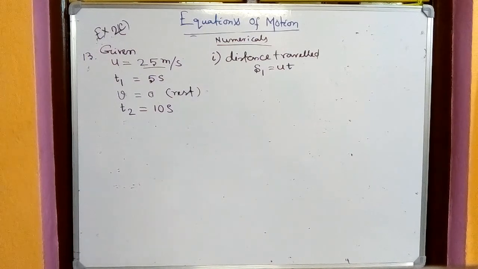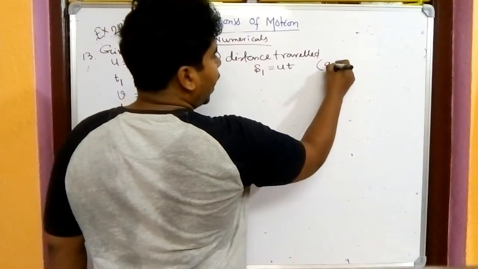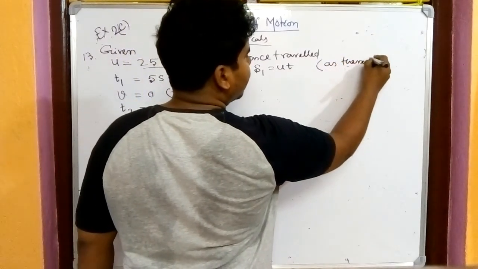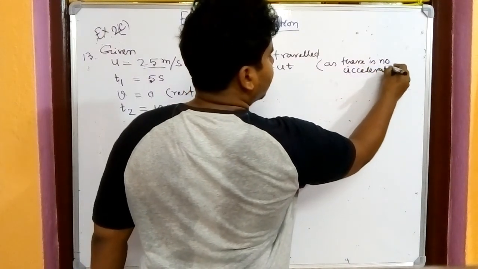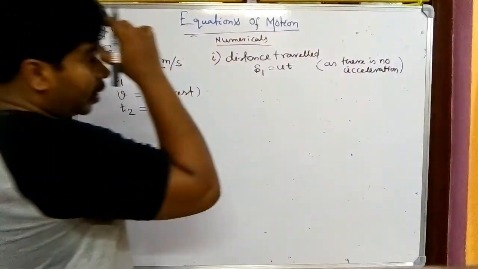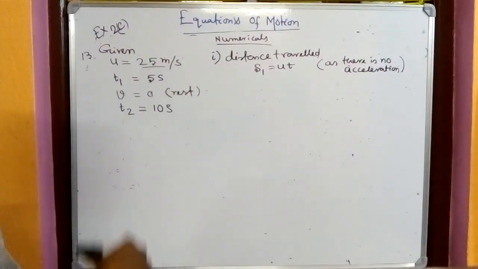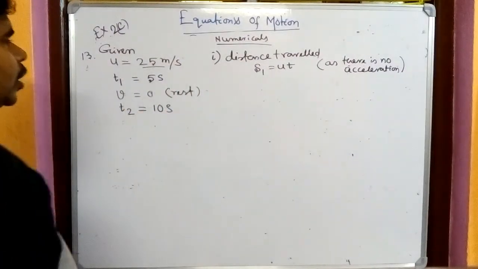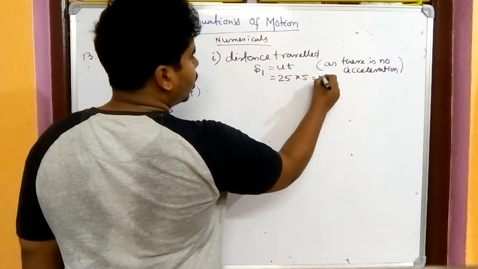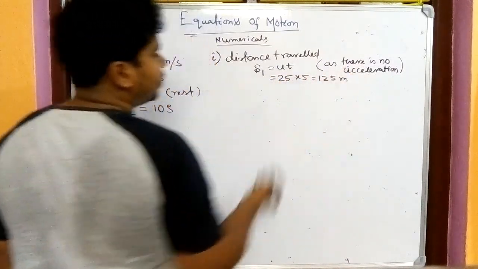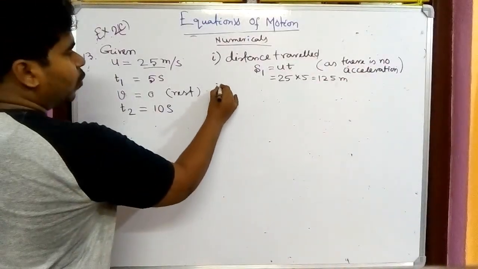Because if the car is moving with a constant velocity, why would we take acceleration? No acceleration is there. So that's why there is no other part, only s1 equals u into t. The value of u is 25, time is 5, so it is 125 meter. Okay, first part is over.